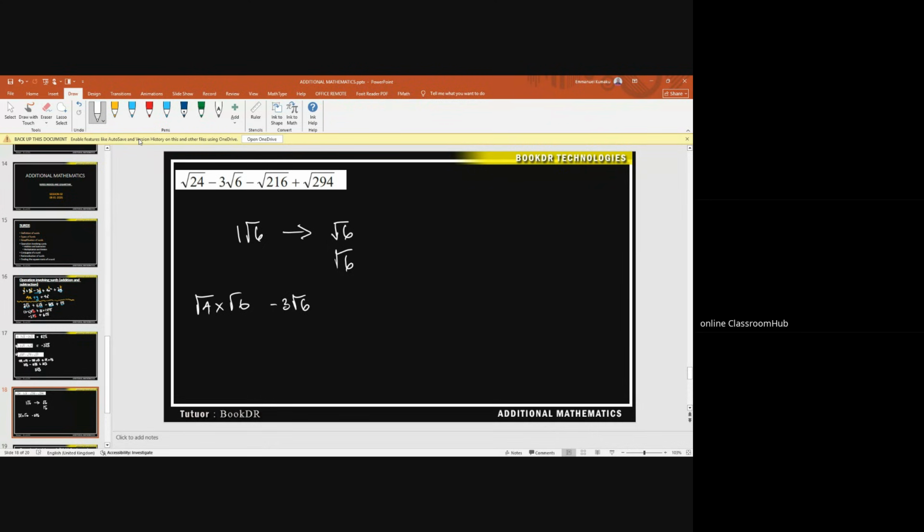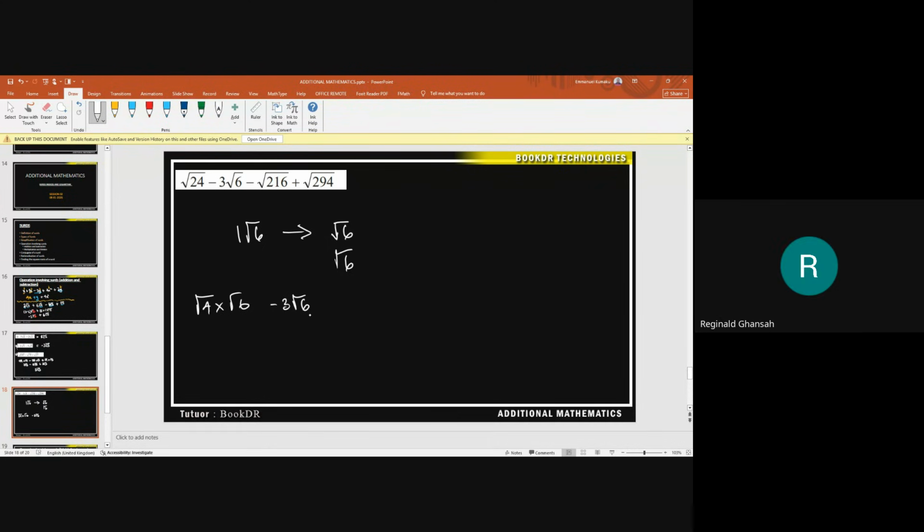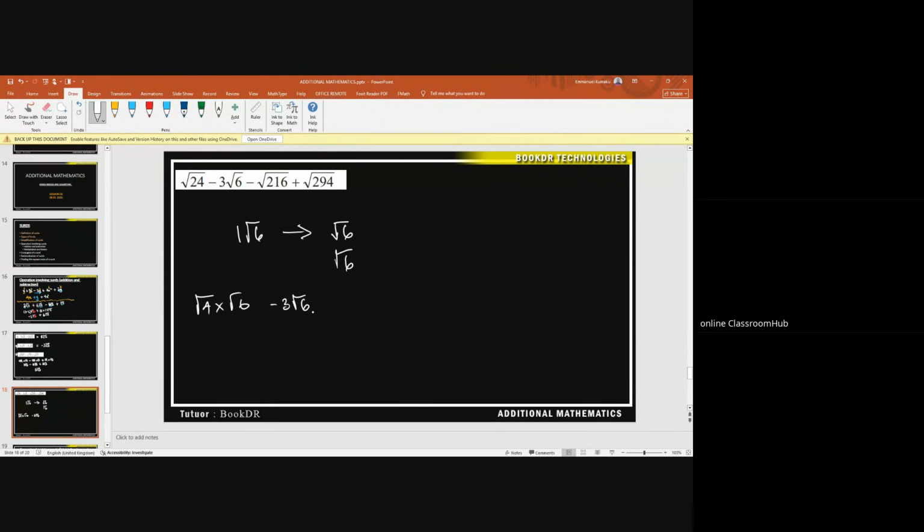Then we go to the 216. We can write it as 36 times 6, square root of 36 times square root of 6. I hope we all had that. Then the last one, which is 294, can also be written as 49 times 6, the square root of 49 times 6.